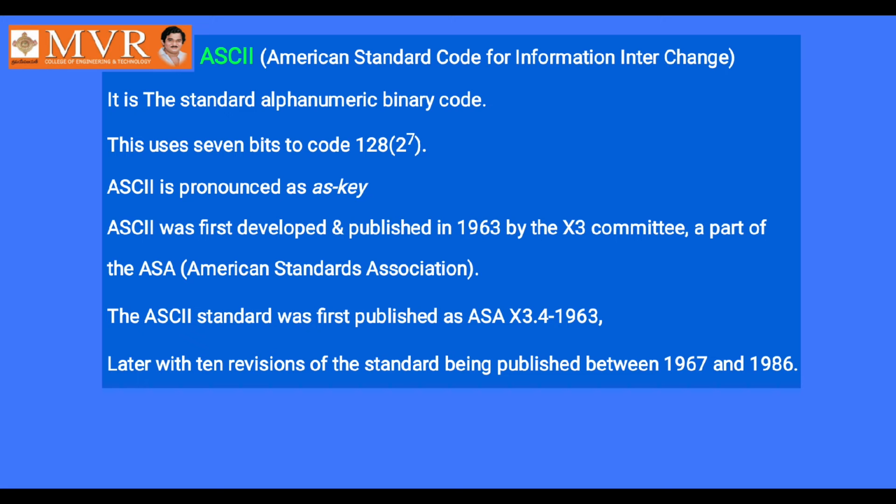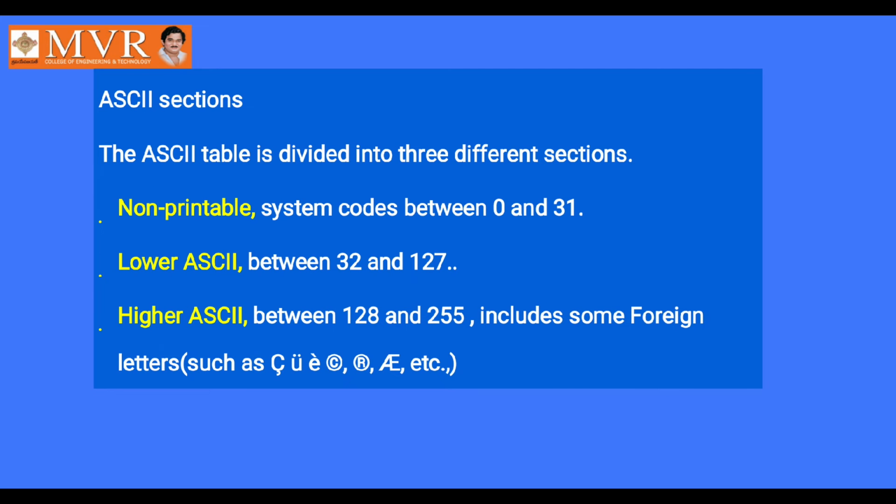During these 21 years, ASCII was revised 10 times, and the final version was established in 1986. Now, these ASCII characters are categorized into 3 parts: non-printable characters, from 0 to 31; lower ASCII values, from 32 to 127; and higher ASCII values, from 128 to 255.